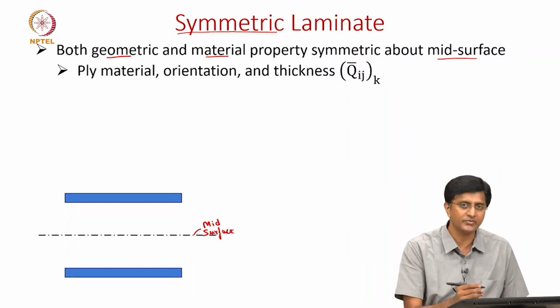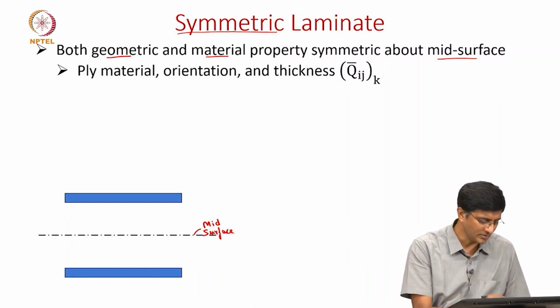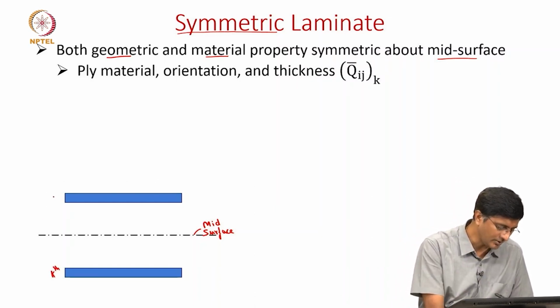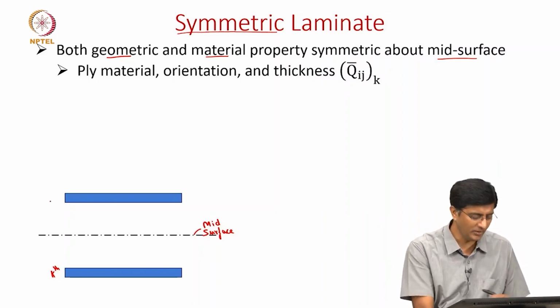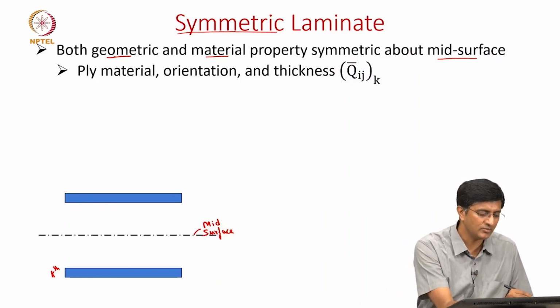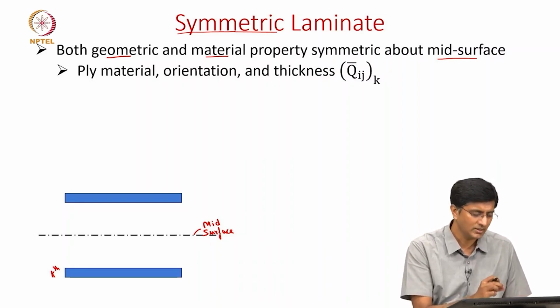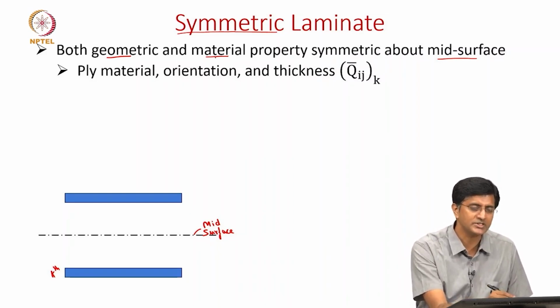So about the mid surface, let's say we are considering two laminas. Let's say this is a kth layer lamina, and corresponding to this there is a symmetric lamina, meaning they both have the same geometry. What does geometry mean here? Both have the same thickness and the same orientation. And we also say both are of the same material properties.